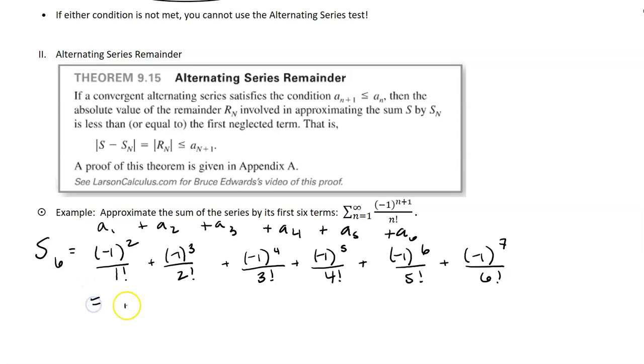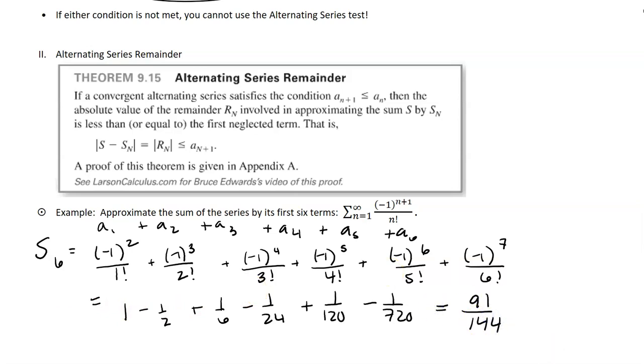So that gives me 1 minus 1/2 plus 1/6 minus 1 over 24 plus 1 over 120 minus 1 over 720. You could do the arithmetic on that. And if I add all of those together, I get 91 over 144. Okay, great. So that's s sub 6.